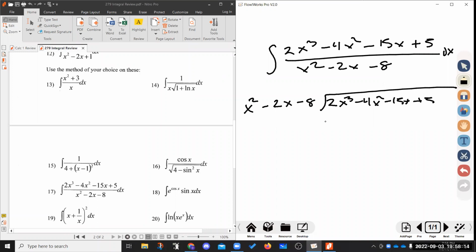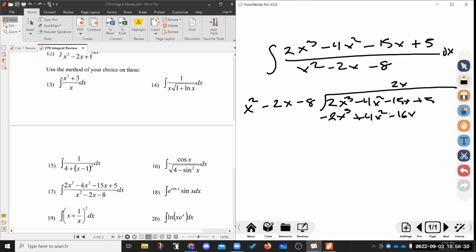Divisor is not linear, so we can't easily use synthetic division. We're going to have to use long division. So this is going to be 2x, 2x to the third, minus 4x squared, minus 16x.